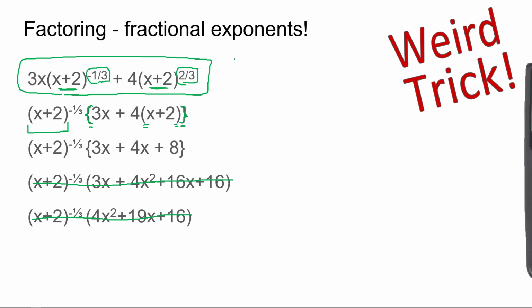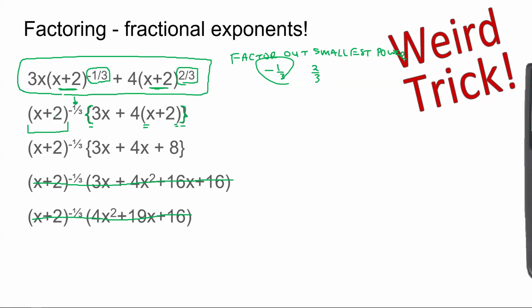So what you want to do is to factor out the smallest power of these things. And the choices here would be negative 1/3 versus 2/3. Well, the smallest one would be negative 1/3. So you can see right there, that's why they've got that negative 1/3 out there.